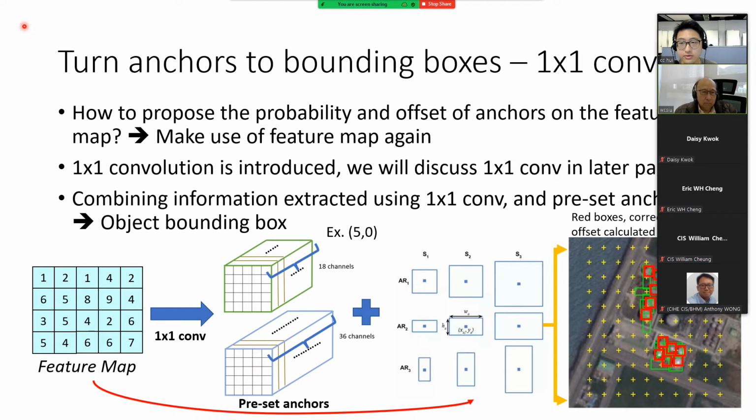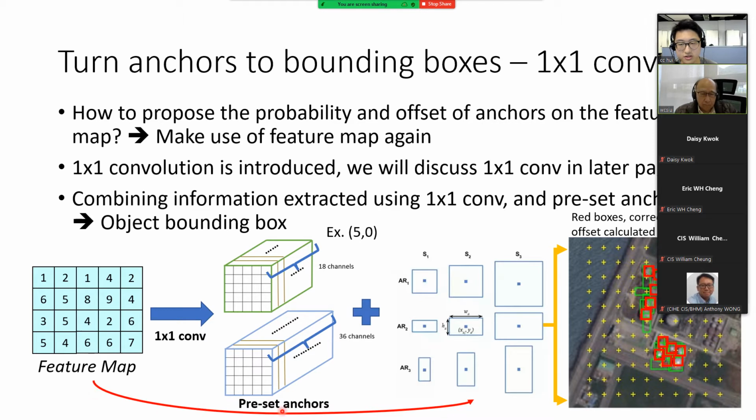To turn the anchors into actual bounding boxes, I will introduce something called a 1-by-1 convolution, which I already mentioned. How do we propose the probability and the offset for the anchors from just a feature map? We use a 1-by-1 convolution. Here is the feature map, and in previous slides I talked about the preset anchors.